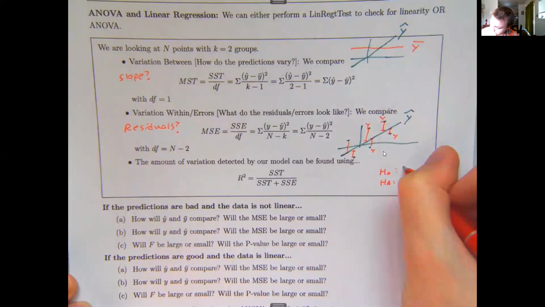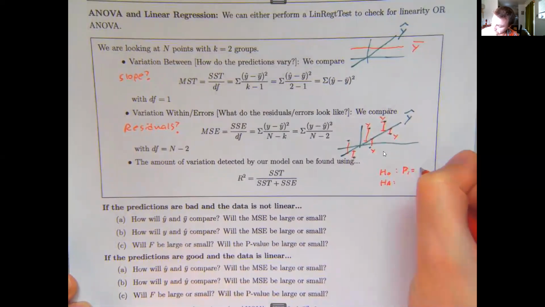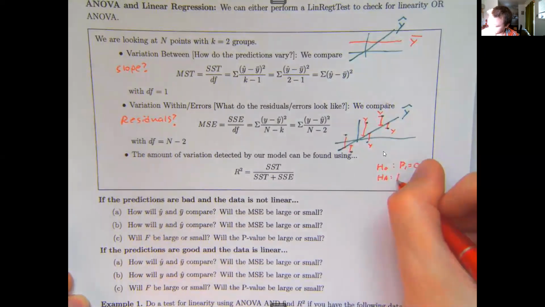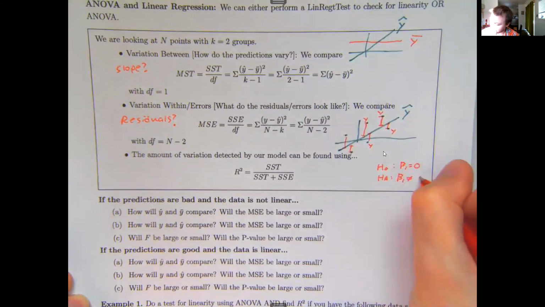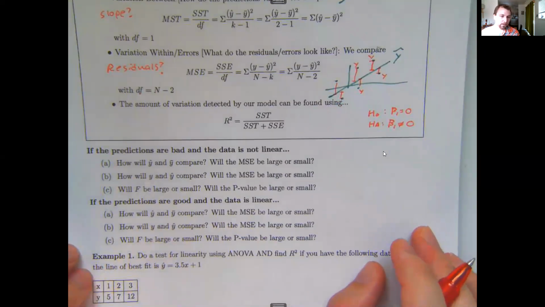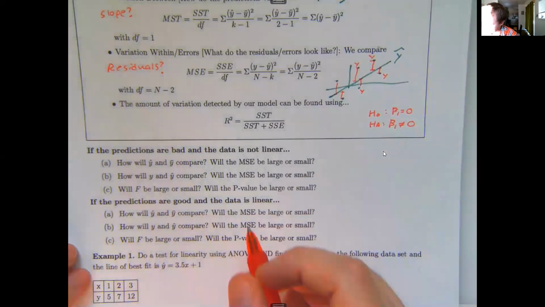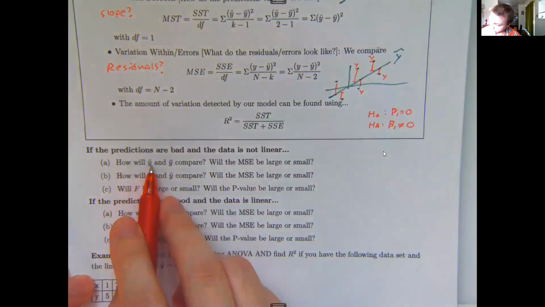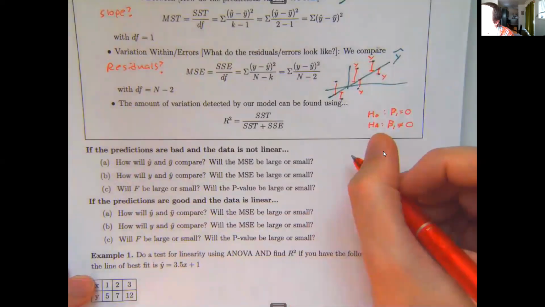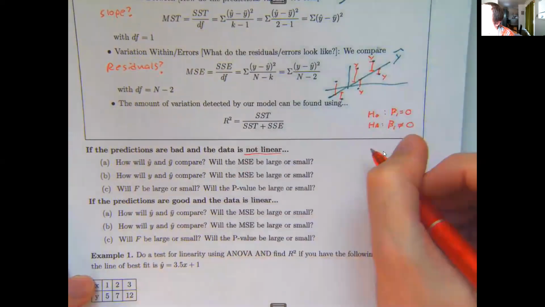So for a test of linearity, my null hypothesis is that it's not linear, that it's flat. And my alternative hypothesis is that it is linear and that there's some sort of a mean slope. So looking through this, how will our y hat and y bar compare? Let's see what happens if this was not linear.